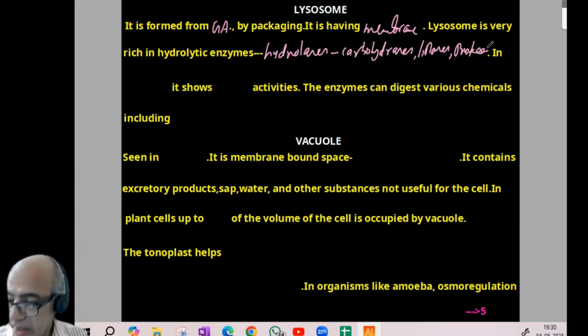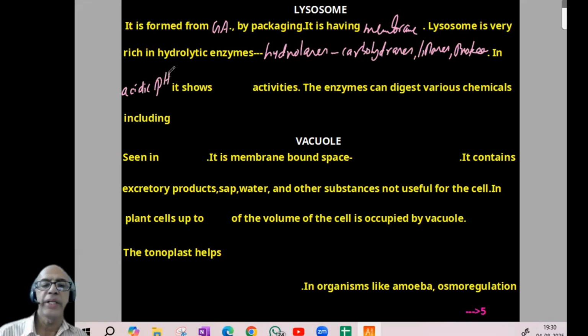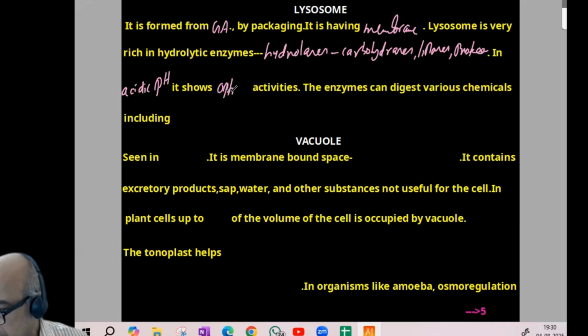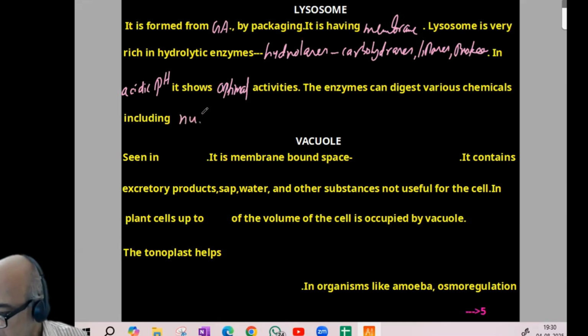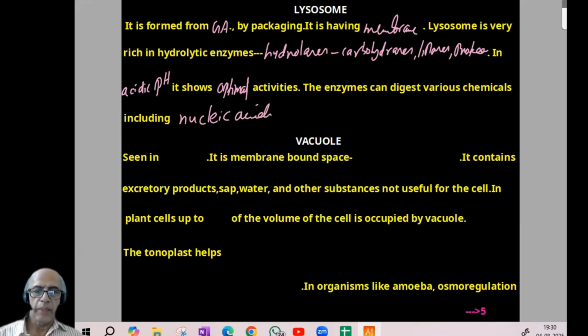And in acidic pH, that is another important question, it shows optimal activity, best activity. The enzymes can digest various chemicals, including even nucleic acids.